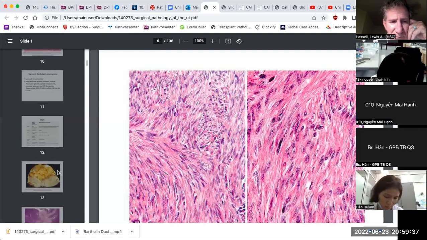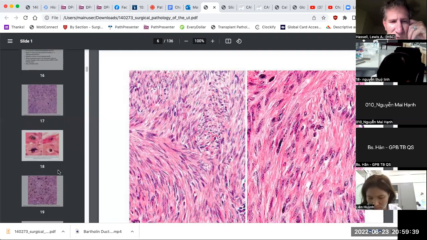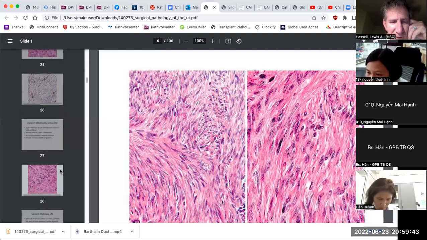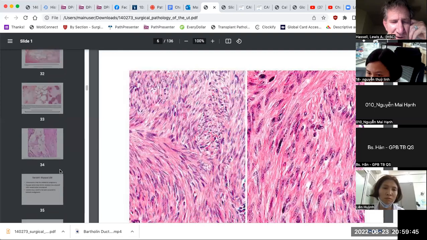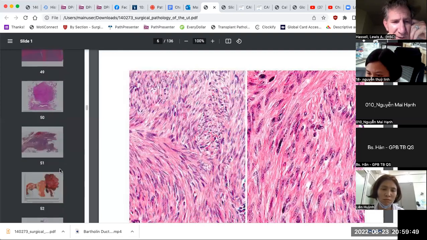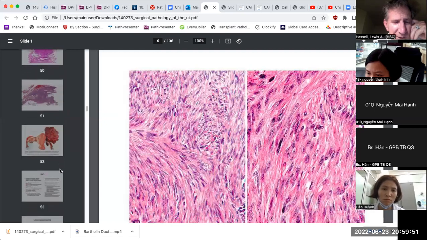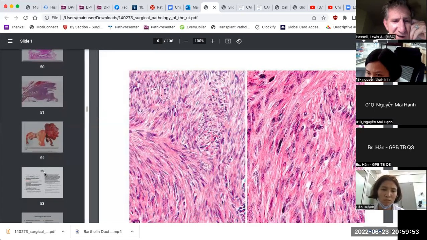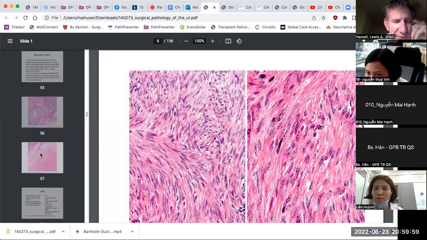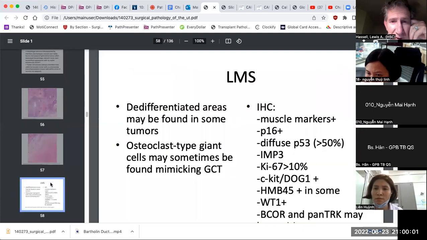Can we use all of these features to differentiate them? Yes, I think that's kind of where you have to go. These are things that can be useful.